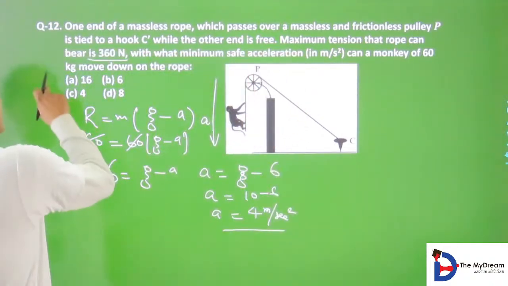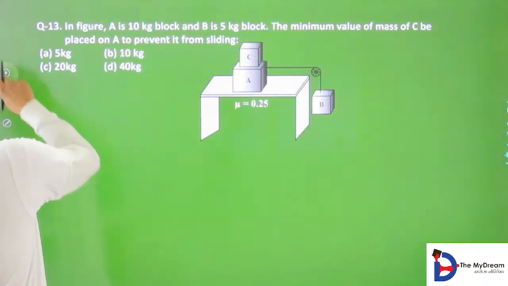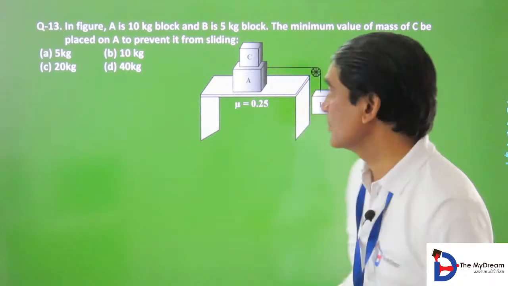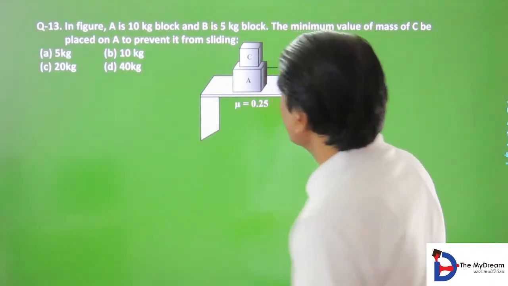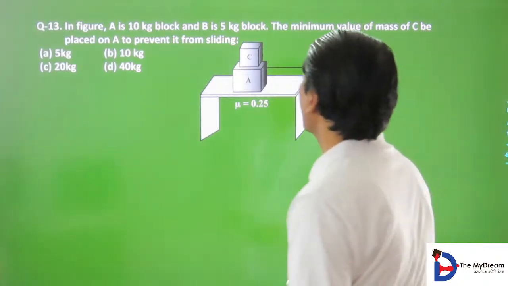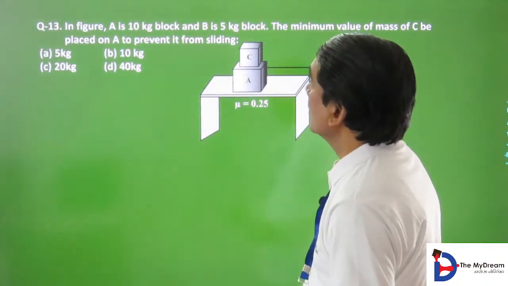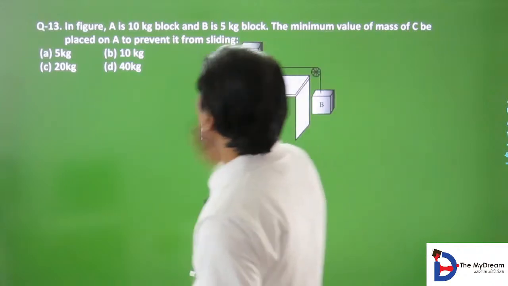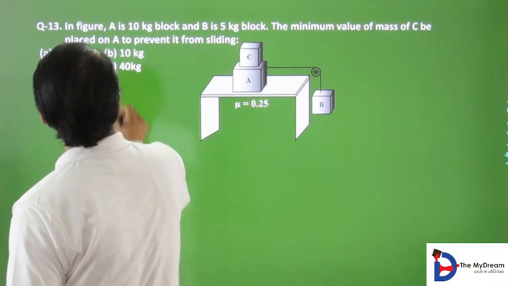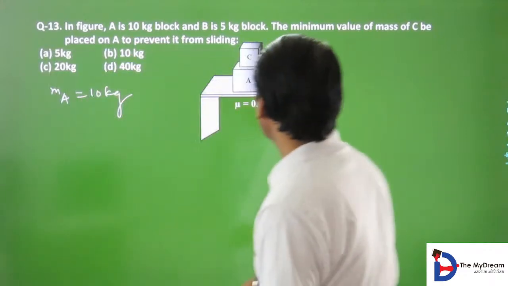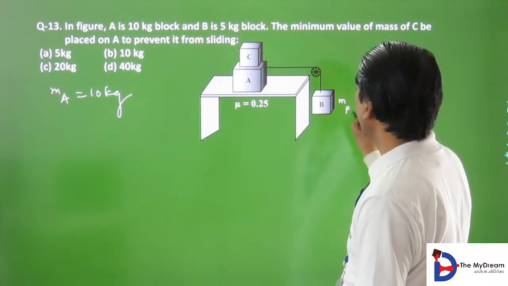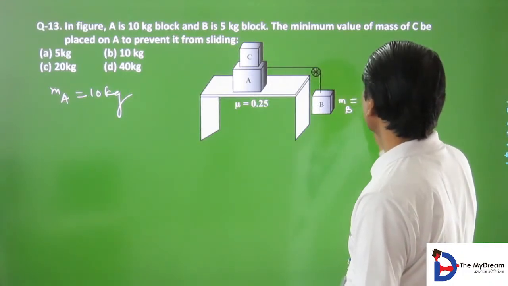So now the next question is, this is a question which is based on the frictional force. In figure A, the mass of block A is 10 kg and the mass of block B is 5 kg.